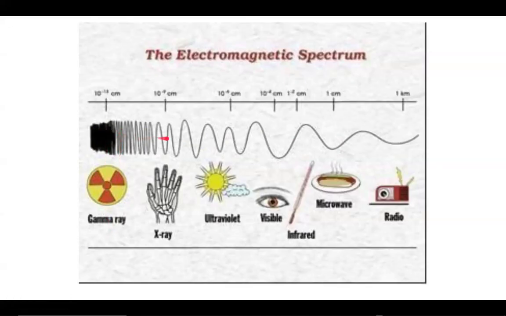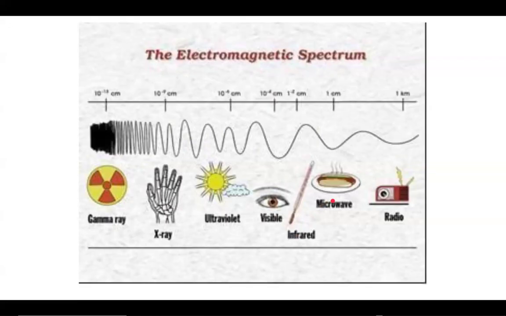When we slow that down, the same gamma ray turns into X-rays. We slow it down, same energy, and it turns into ultraviolet. We slow it down more, it turns into visible light. That's the light, everything that we can see. And then when we slow it down even more, we get what's called infrared and microwaves.